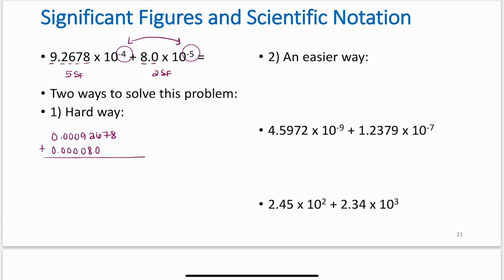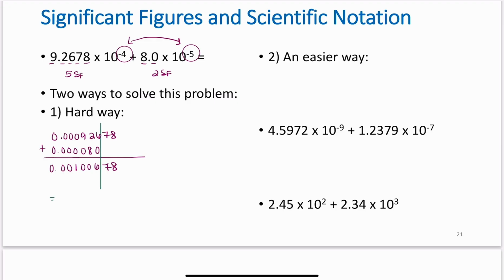When I add these 2 numbers together, I get a numerical answer, 0.001000678. When I line up my decimal places, I'm cutting it right here.